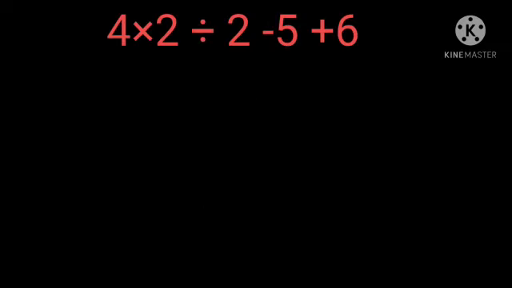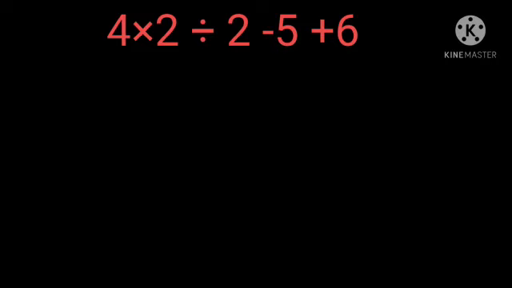Let us see another example: 4 into 2 divided by 2 minus 5 plus 6, using the BODMAS rule. In this question, according to the BODMAS rule, what should be performed first? That is bracket. But in this there is no bracket. The second one is division.